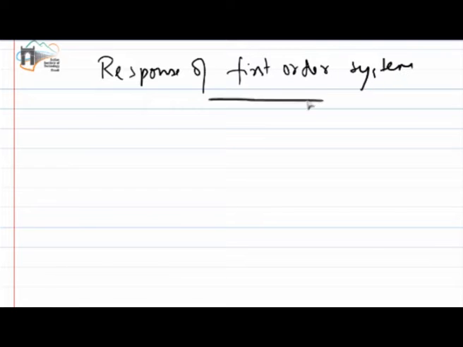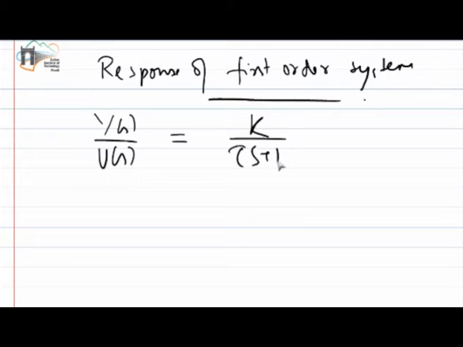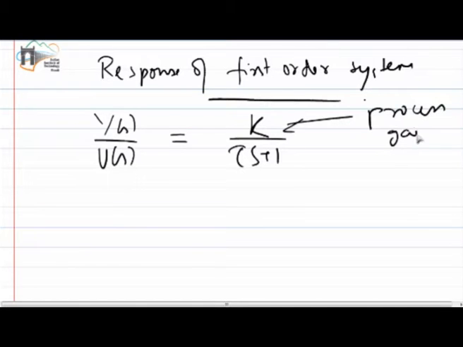So now I will move into the response of first order systems. I present my system in the transfer function form as a fraction of output and input, where this defines the process gain and this is the time constant.